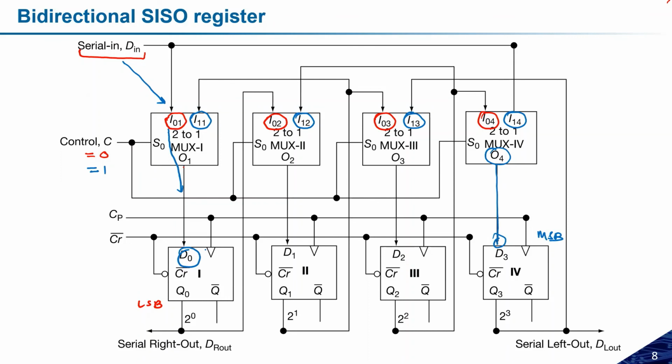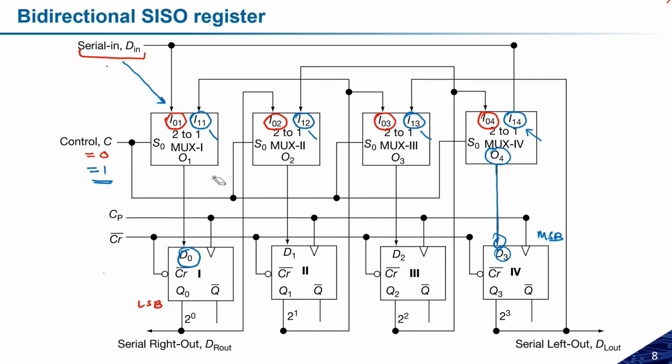Now if the control is equal to 1, then I11, I12, I13, and I14 will be selected, and the serial input will be connected to I14, which is the most significant bit. So that will be connected to D3, and this will perform in the other way.